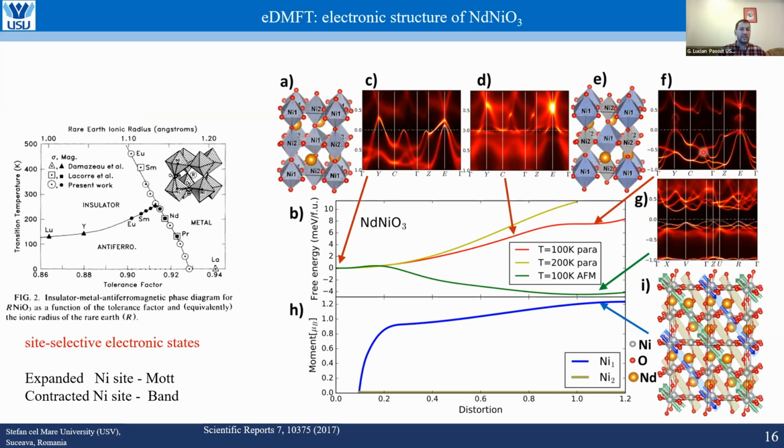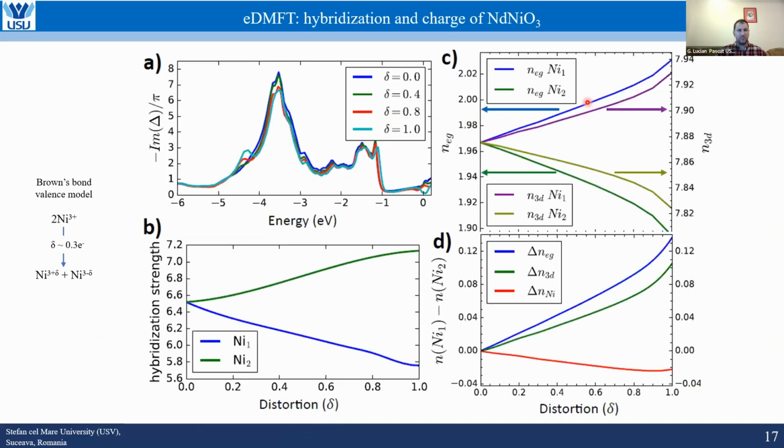I also looked at the electronic properties on each site, but I went further and wanted to see what the mechanism of this transition is. Looking at the hybridization from high temperature to low temperature, for the site which expands, the hybridization decreases. For the one which contracts, the hybridization increases.